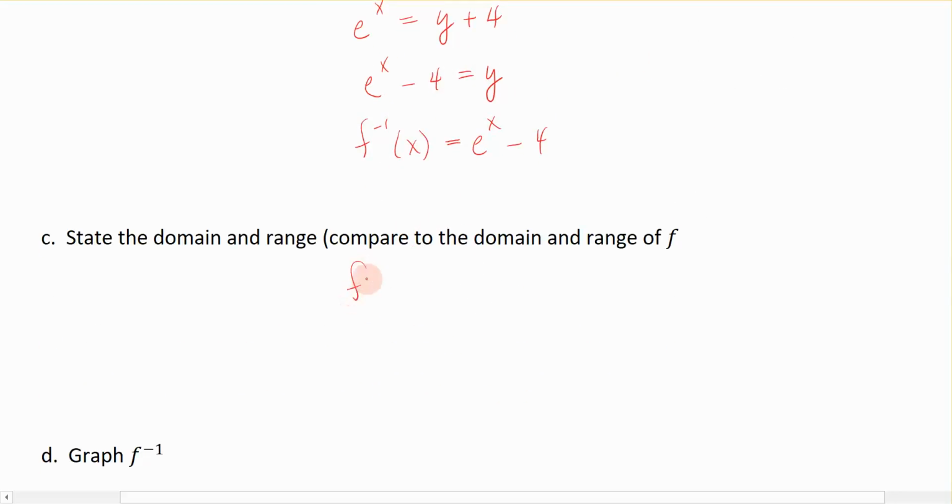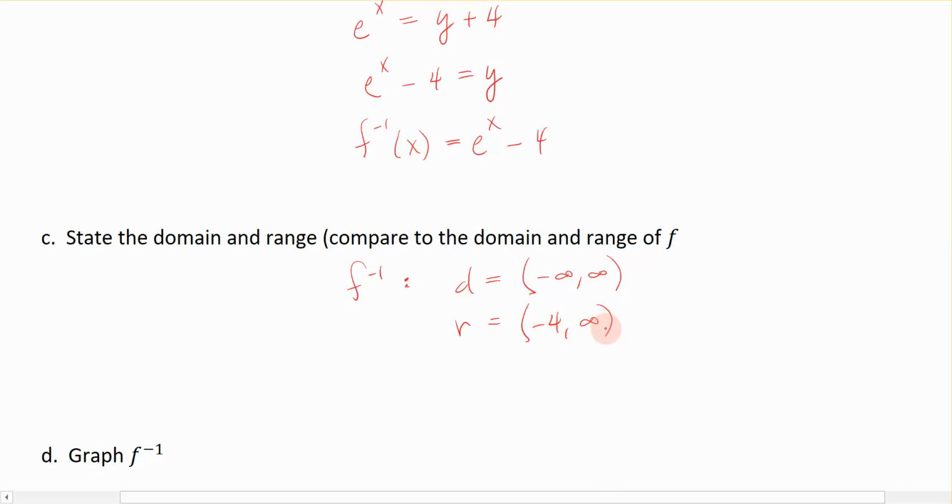The domain of my inverse is the range of my function, which was negative to positive infinity. And the range of my inverse is the domain of my original, and you can scroll back up to see that if you want.